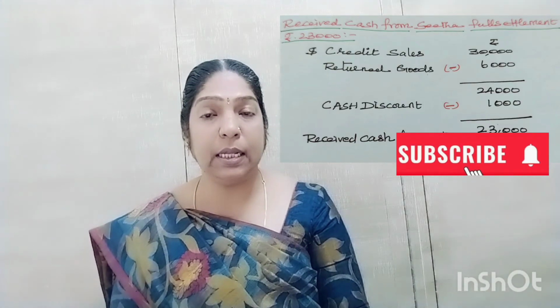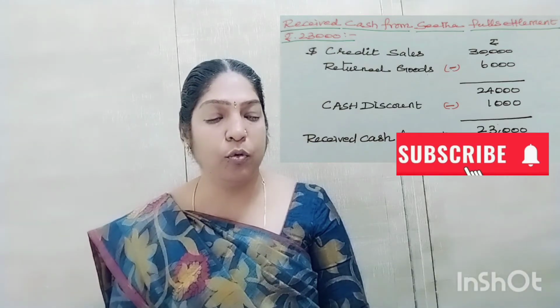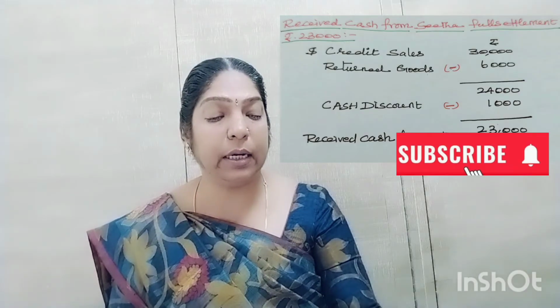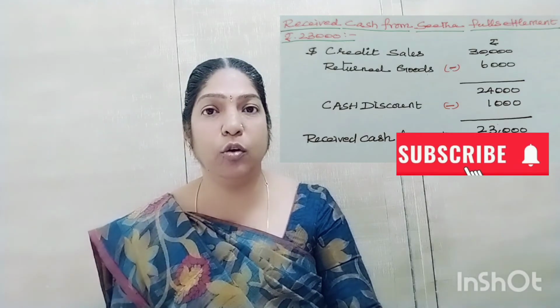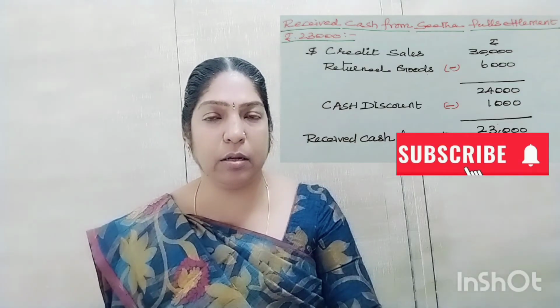But see the transaction: received cash from Sita, full settlement 23,000. After deducting 6,000 from 30,000, you will get 24,000. But you received cash from Sita, how much rupees? 23,000 rupees. How much is the difference between 24,000 and 23,000? 1,000 rupees.